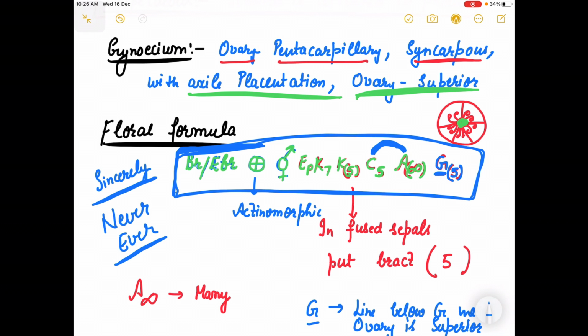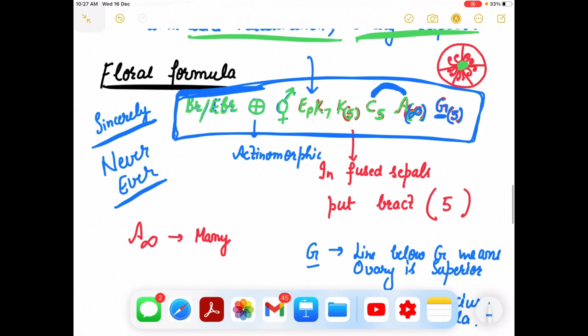And those who are in 12th and have not studied this structure sincerely, I request them to please go through this structure at least 2 to 3 times. You will get mastery over how to write the floral formula.